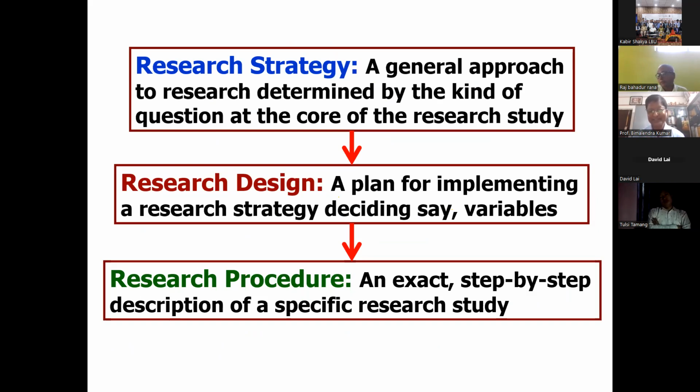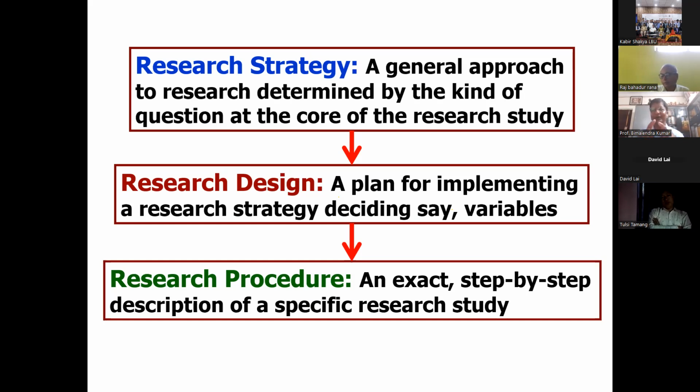What is research strategy? A general approach to research determined by the kind of questions at the core of the research study. We have seen how research questions are created. So a scholar makes a strategy to make research questions related to his or her research work.